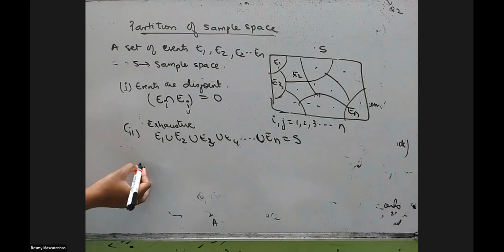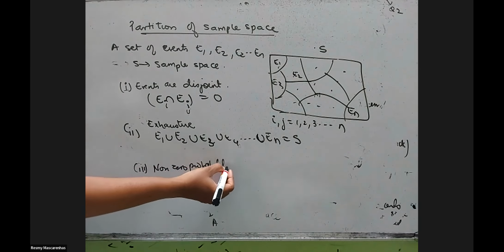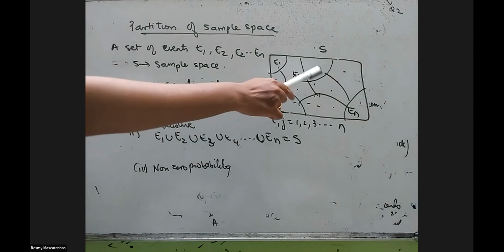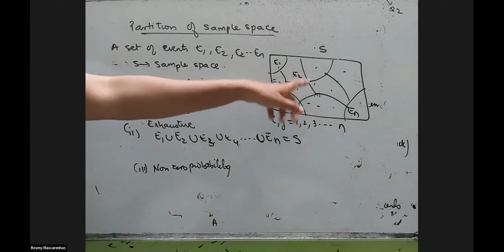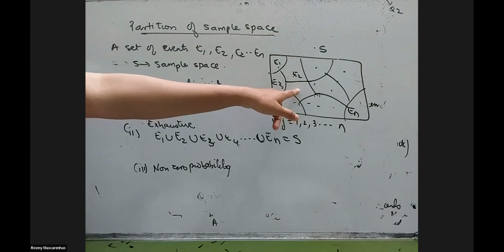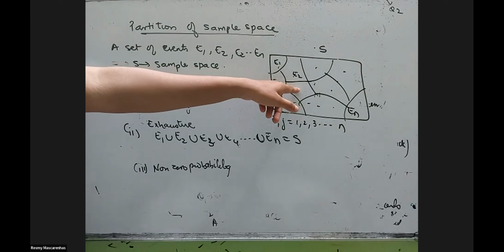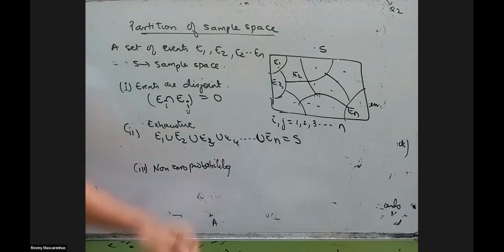The third one, non-zero probability. It means none of these events should have a probability of 0. All should have some probability or the other. Imagine there is one event which I am creating. Suppose the sample space is for a die, and this event which I have created is a number greater than 6. Obviously, a number greater than 6 is not possible, so the probability will be 0.